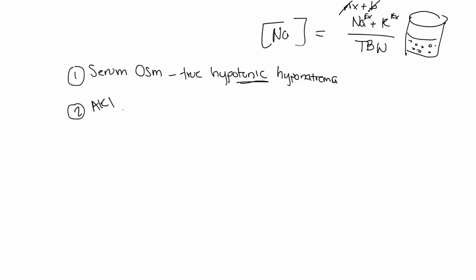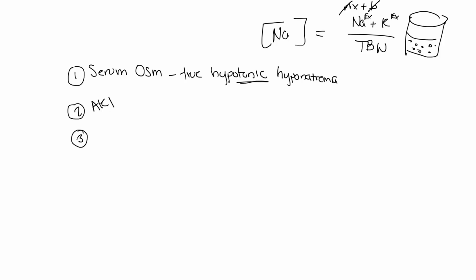So an AKI is sort of, okay, well, we're sort of done with the evaluation here because it's the AKI most likely leading to it. Now, of course, this has to be an oliguric anuric acute kidney injury. Generally speaking, kidney injuries that are mild are not going to be the etiology for your hyponatremia. And so don't put complete faith in this, but again, I want you to always keep in mind that AKI sort of cuts our evaluation short here.